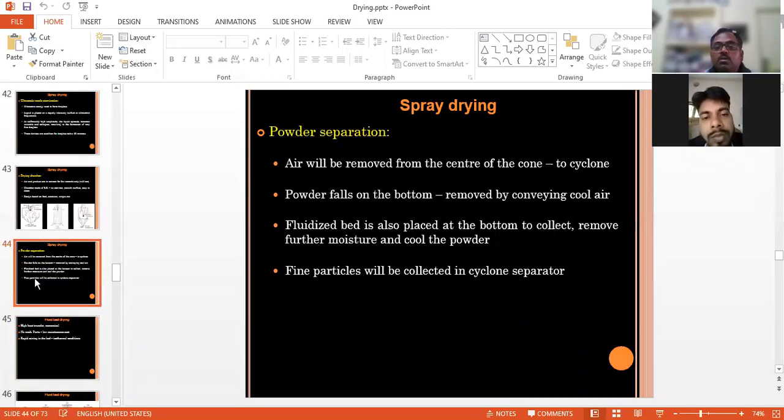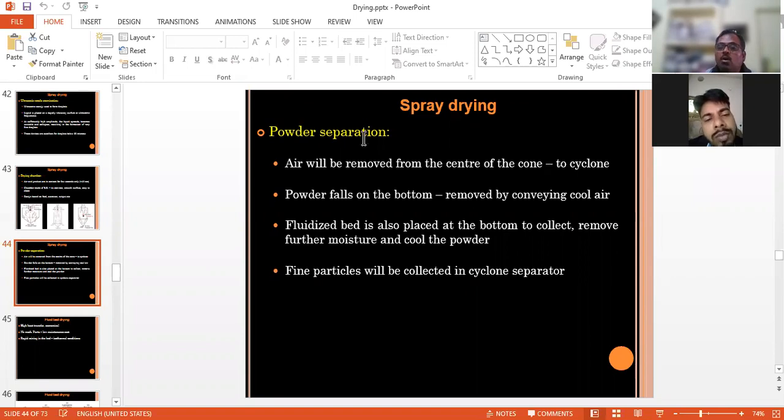Powder separation. Sorry, powder separation. There is also one unit, that is the powder separation unit. Air will be removed from the center of the cone by means of a cyclone. The cyclone is used for removing the air from the center of the cone.